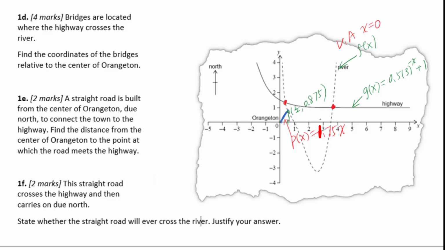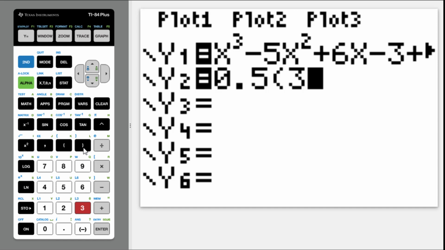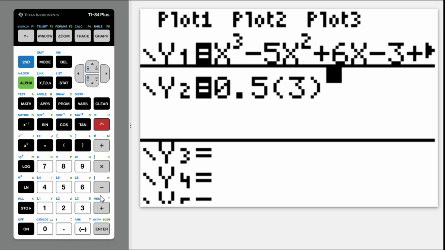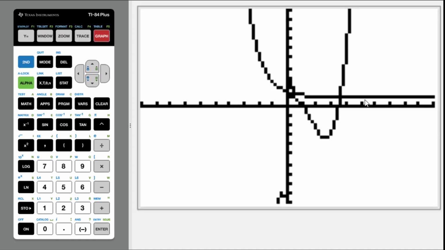We will go to the graphing calculator to figure out the intersection of f of x and g of x. Let's go to y2, 0.5 times 3 to the negative x power, then plus 1. Graph. You will see these two intersections.